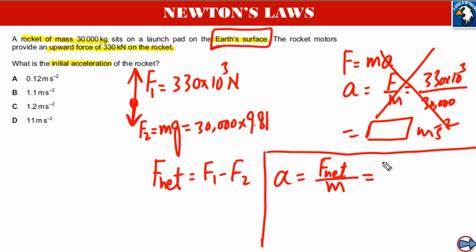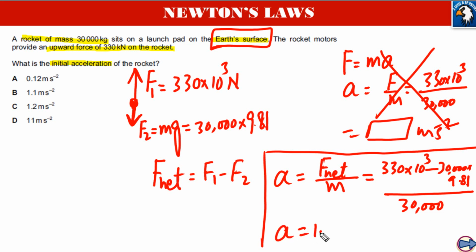The resultant force in this case is the upward force minus the weight, so we write weight as mass multiplied by 9.81, and we divide all of it by the mass. If we do this, we get our final answer of 1.2 meters per second squared.